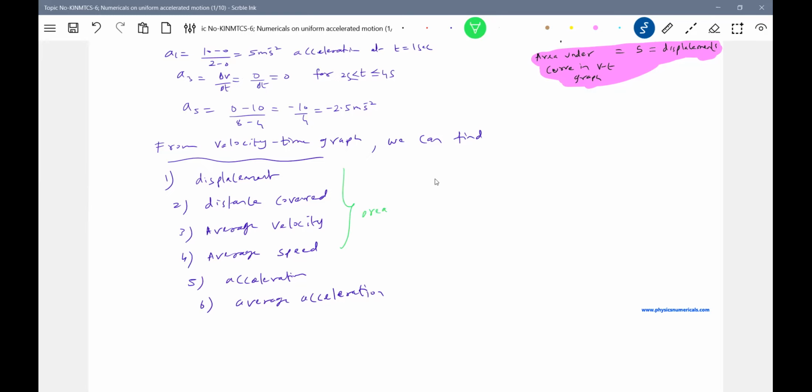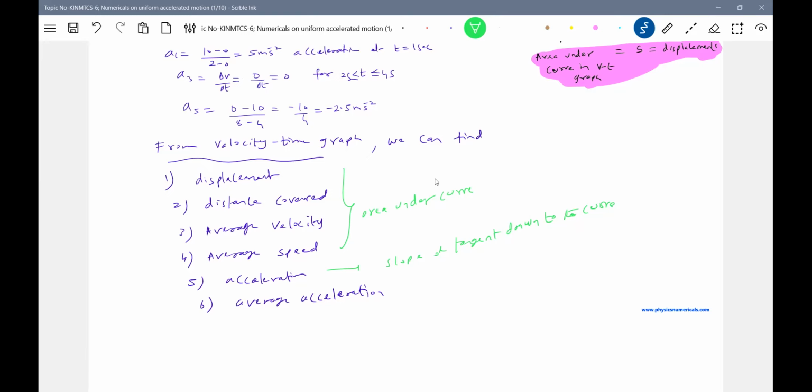Area under curve. So what about this? Slope of the tangent drawn to the curve. This is about the average acceleration. What we do is change in velocity by time taken, looking at the data. So much information is available.